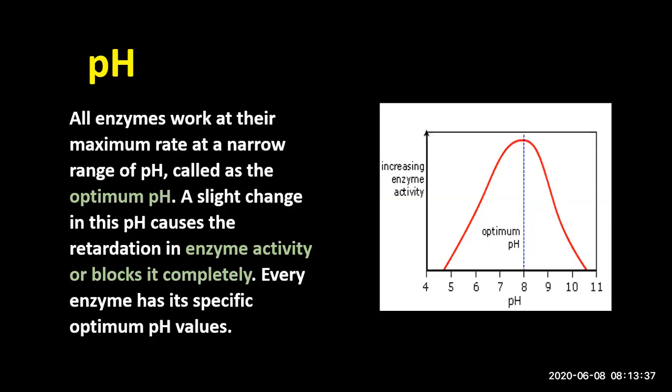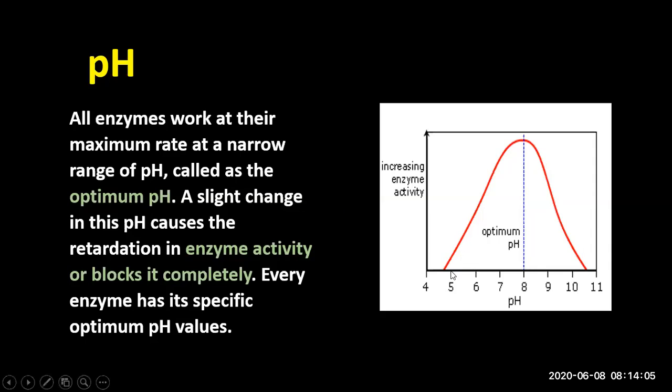Okay? I'll give you an example later on. A slight change in pH causes retardation in enzyme activity or blocks it completely. Again, the change in pH can change the structure of enzyme, or can block it completely, or can destroy the enzyme completely, because enzymes are very sensitive. Every enzyme has a specific optimum pH.